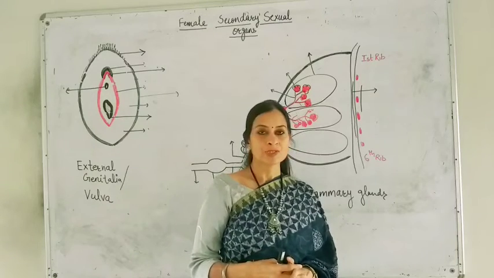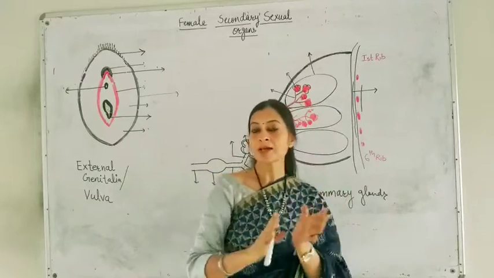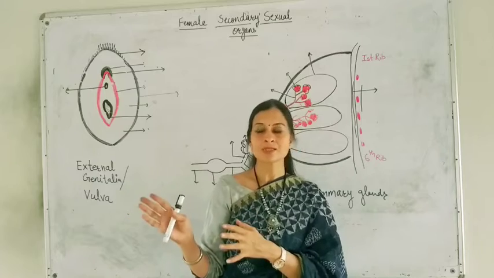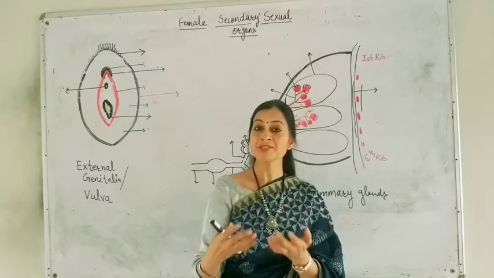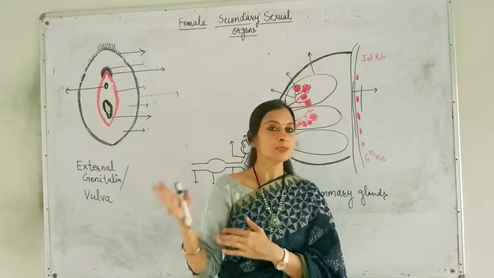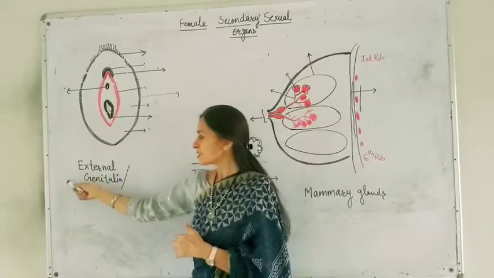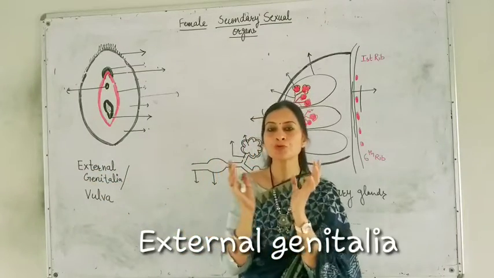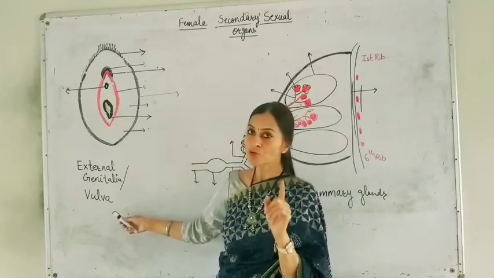In today's lecture, we are going to study the extension of that internal structure that can be viewed from the outside, meaning the external view of the reproductive system, which mainly consists of the external genitalia. There are a few structures that form the external genitalia, also called the vulva.